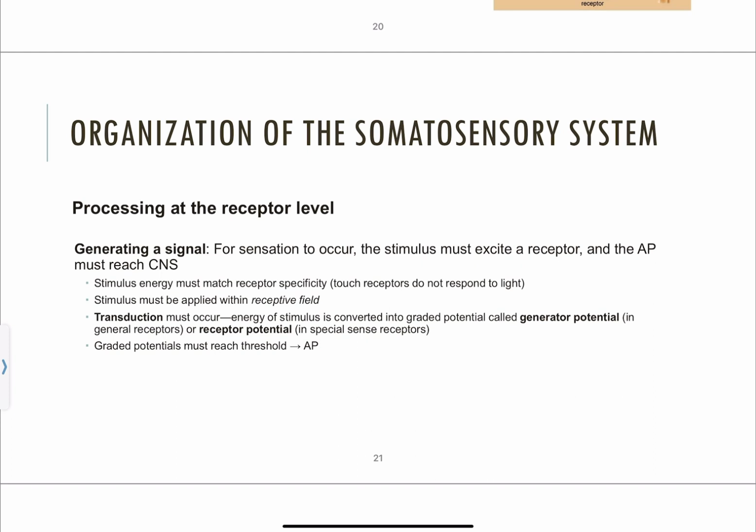But both the generator potentials and the receptor potentials are forms of graded potentials. And once we generate these graded potentials, they have to reach threshold, same thing that we talked about with the neuron, in order to generate an action potential.